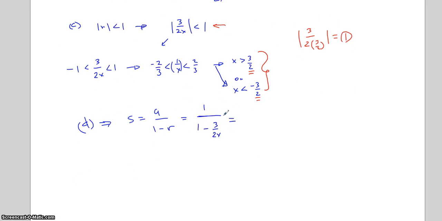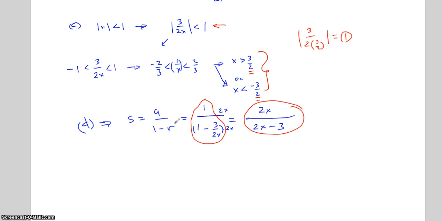If we wanted to simplify that a little bit, we could multiply the top and the bottom by 2x. We get 2x in the top, and in the bottom, distributing the 2x, 2x minus 3. Either of these would be fine. But again, this value for the infinite sum only works for that range.